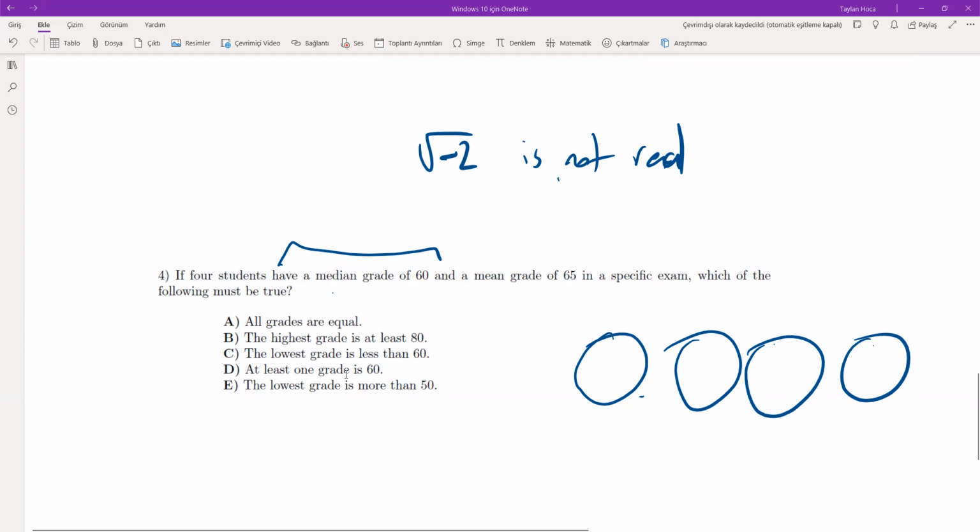You said D, but let's think more. First, median means what in this context? What do you think?